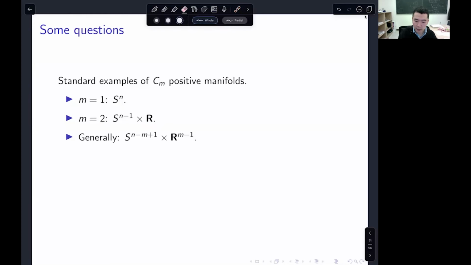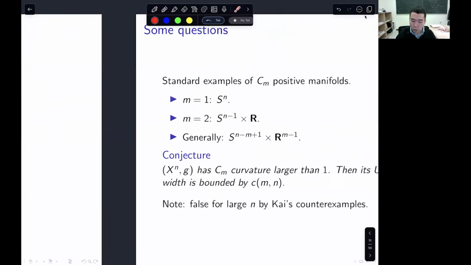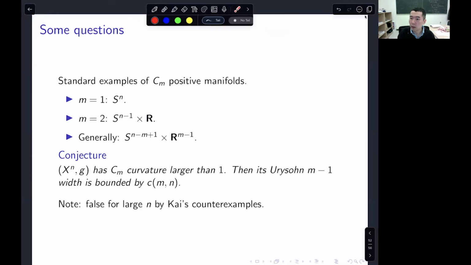And generally for C_m curvature, one should view the C_m positive manifolds as having some compact portion, but you're allowed to split off at most m-1 directions. So one could try to extend Gromov's conjecture on the Urysohn width to this more general notion of curvature.